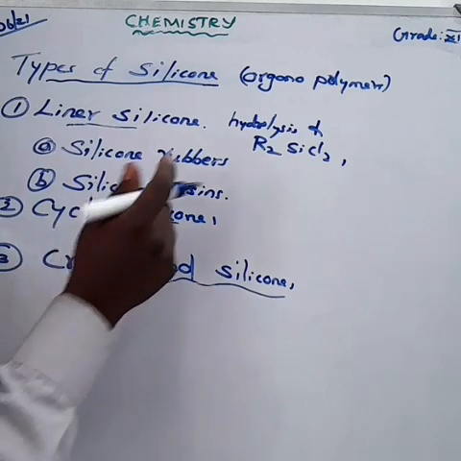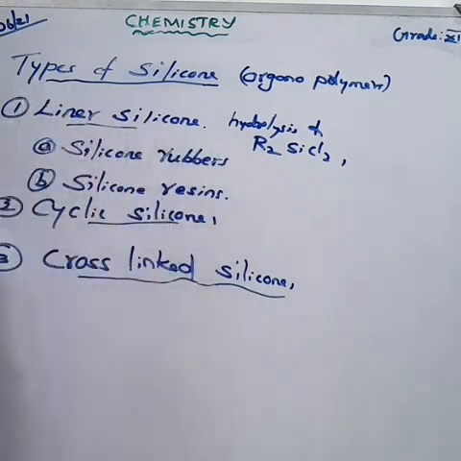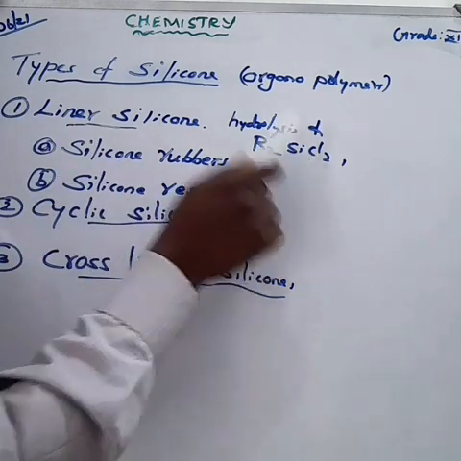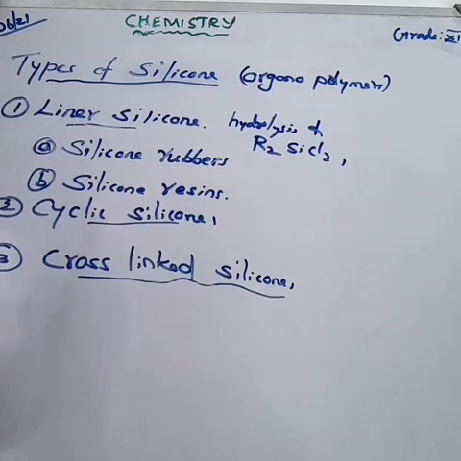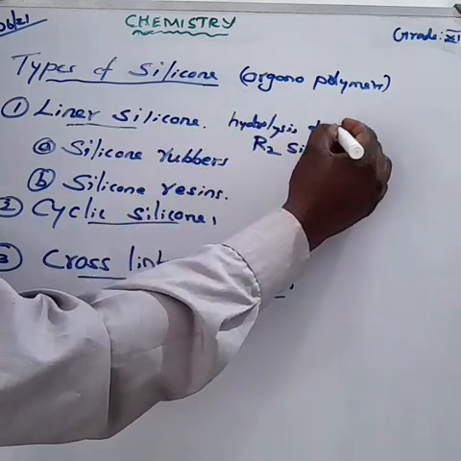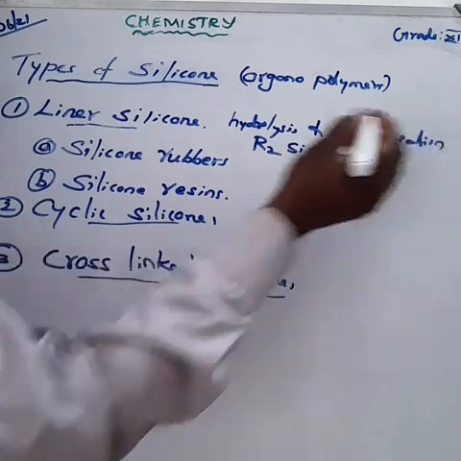That means to get linear silicones we have to take dialkyl silicon chloride, otherwise diaryl silicon chloride, which undergoes hydrolysis and also condensation, and we get linear silicone.